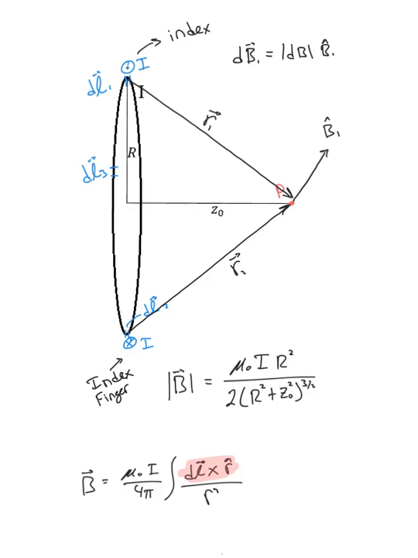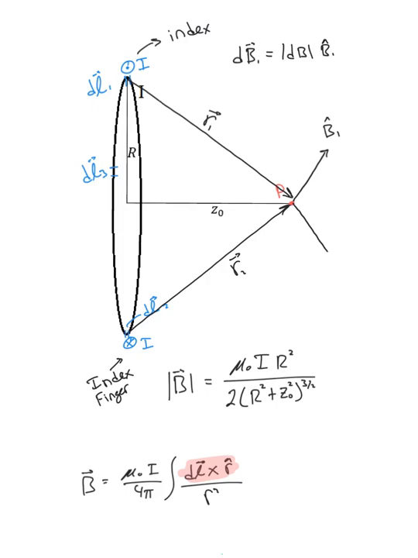So our index finger points into the page. Our other fingers point in the direction of R2 at point P, and our thumb therefore points down and to the right as shown.